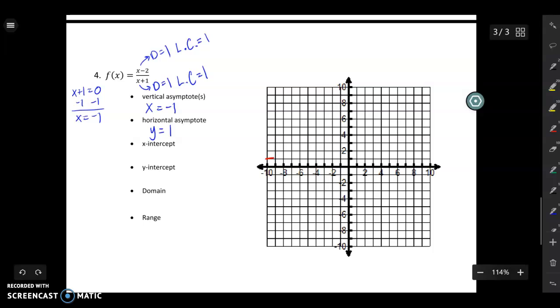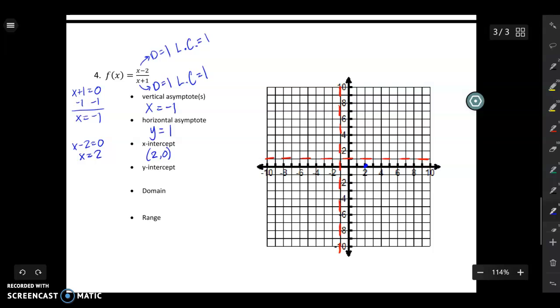So let's go ahead and sketch in those asymptotes. So y equals 1, x equals negative 1. Now to find my x-intercept, I'm going to set my numerator equal to 0 to get x equals 2. So my x-intercept happens at 2, 0.